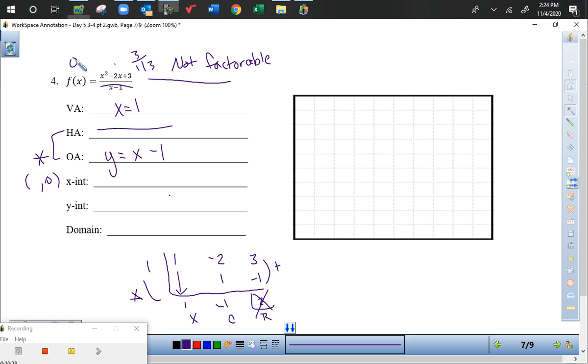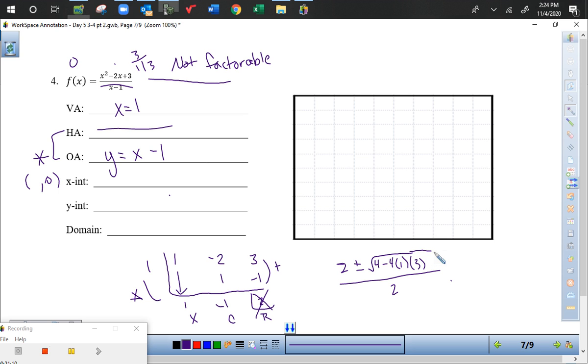So instead of factoring, we're going to try quadratic formula. So quadratic formula, opposite of b would look like positive 2 plus or minus the square root of b squared, which would look like 4 minus 4 times a is 1 and c is 3. So I'm just using the a, b, and c from the numerator here. Then on the bottom, 2 times a is 2, and we simplify.